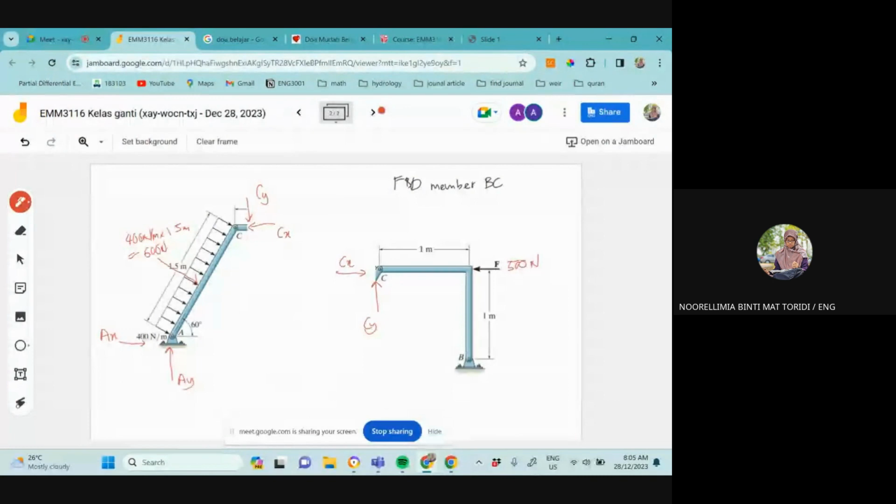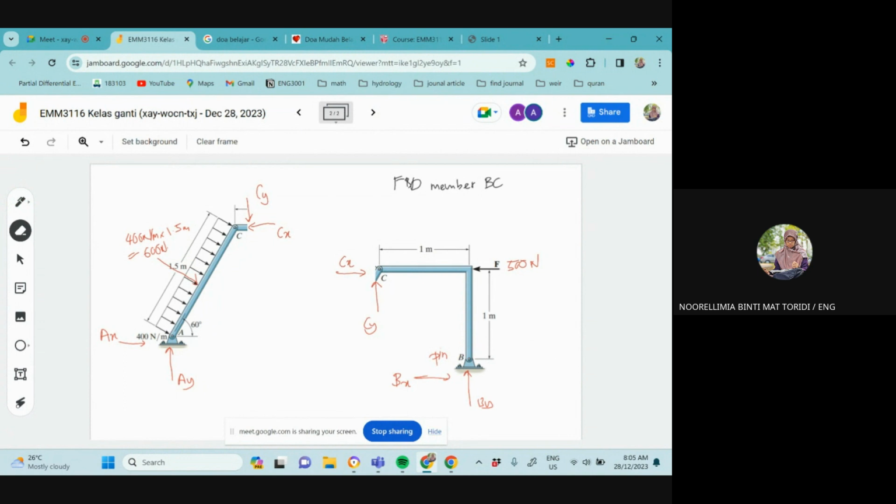So B here is a pin. Let's say like this, it doesn't matter, so this one will be BY. It can be like this or it can be like this, so only choose one. So let's say we put this one.